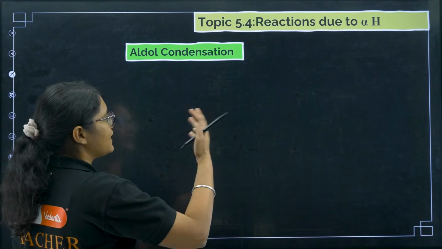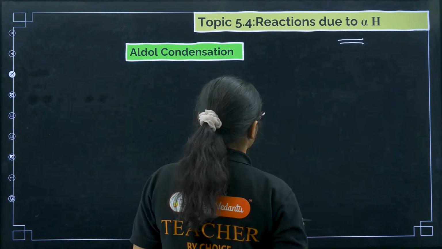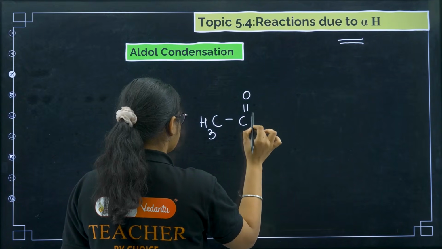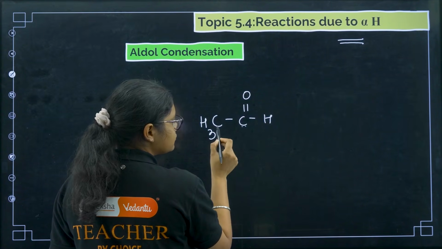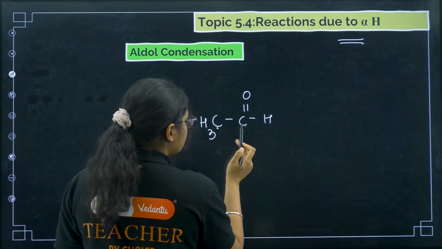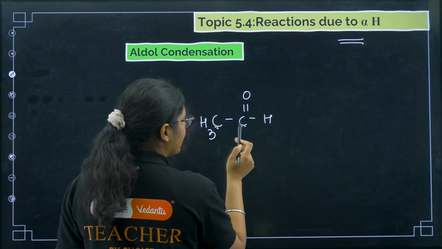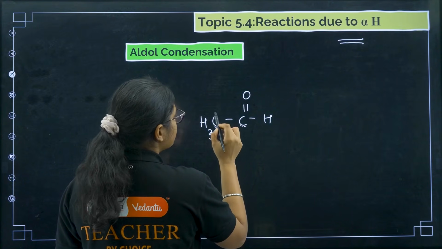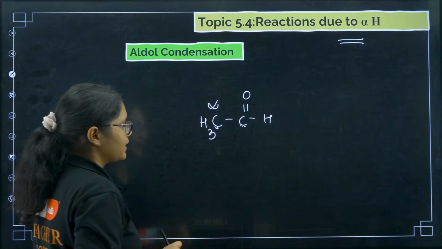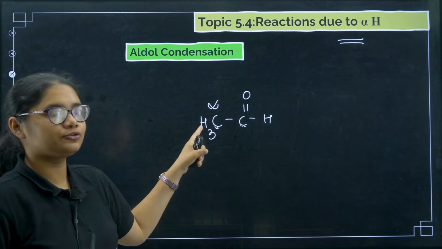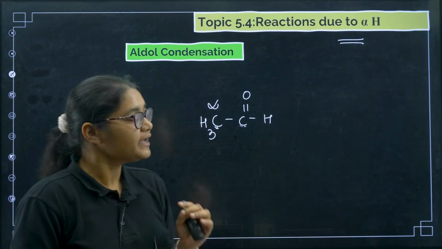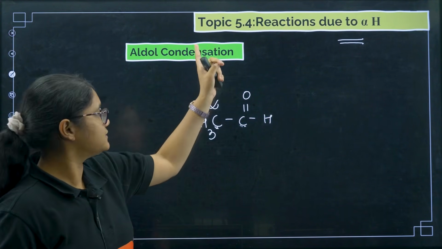Before understanding this, you should understand what alpha hydrogen is. For any aldehyde or ketone, the carbon next to the carbonyl group should contain one hydrogen. This is the alpha carbon. This carbon should have the hydrogen, and that hydrogen is called alpha hydrogen. If this alpha hydrogen is there, then this reaction will take place.